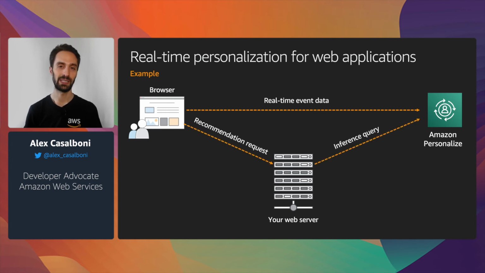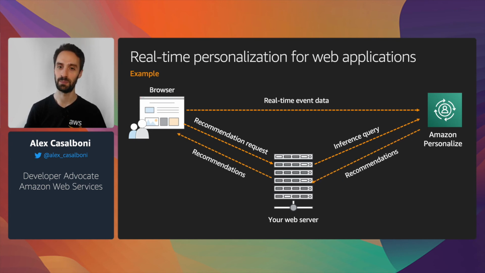And then at some point it can ask your web server, hey, what items should I show to this specific user? Well, your application server can just ask the same question back to Personalize, which will come back with an answer. It could be a JSON response, and you reshape it, you filter it, you store it somewhere if needed, and then you return it back to the client. That's it.